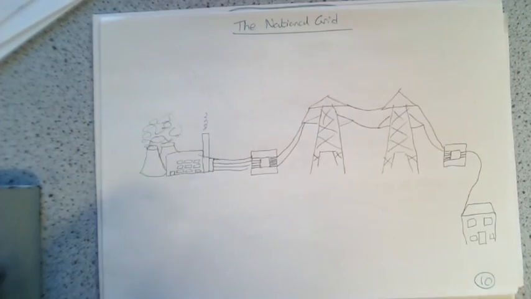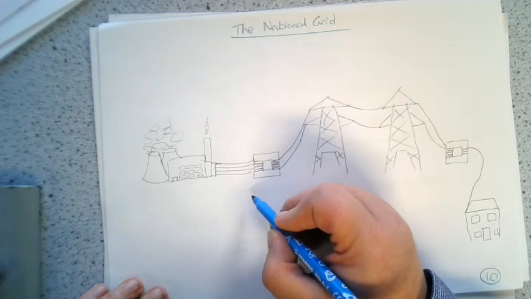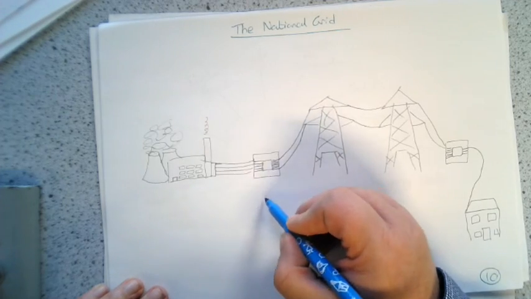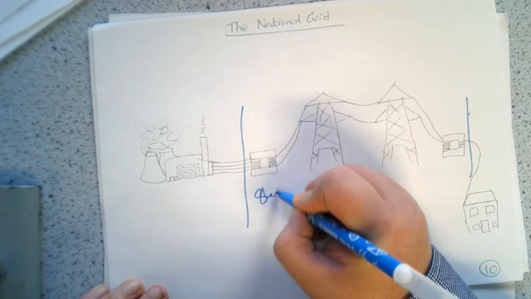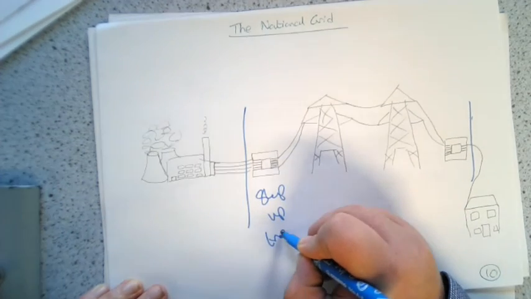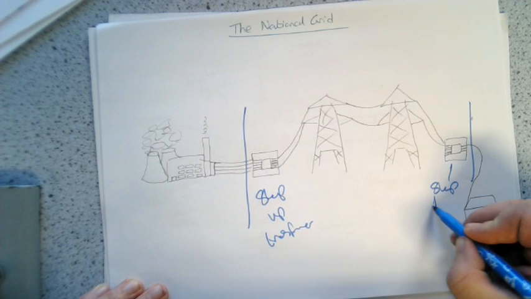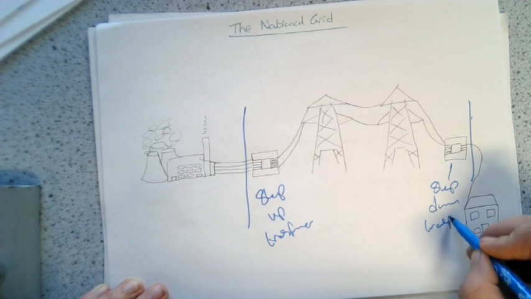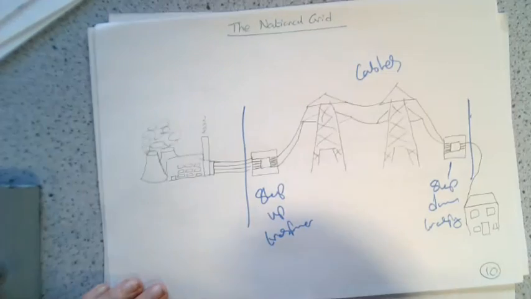National Grid, okay, coming towards the end now, really quite simple. All right, power station, the National Grid is nothing more than this section here, a step up transformer, a step down transformer, and then we've got the cables. Okay, that's the National Grid.